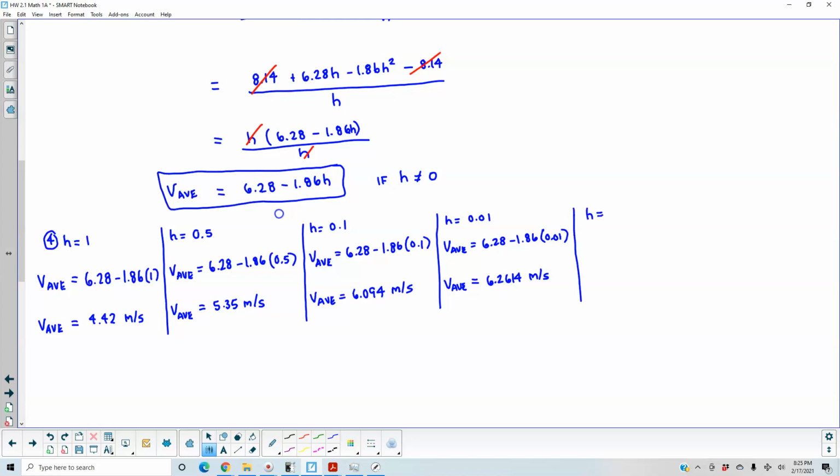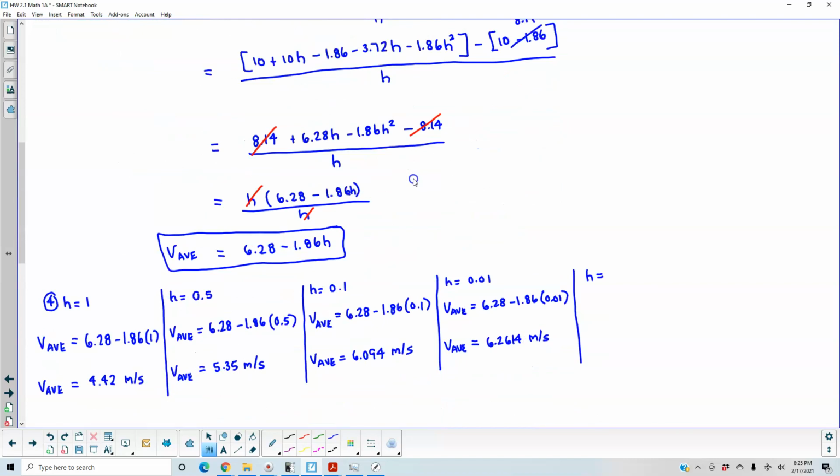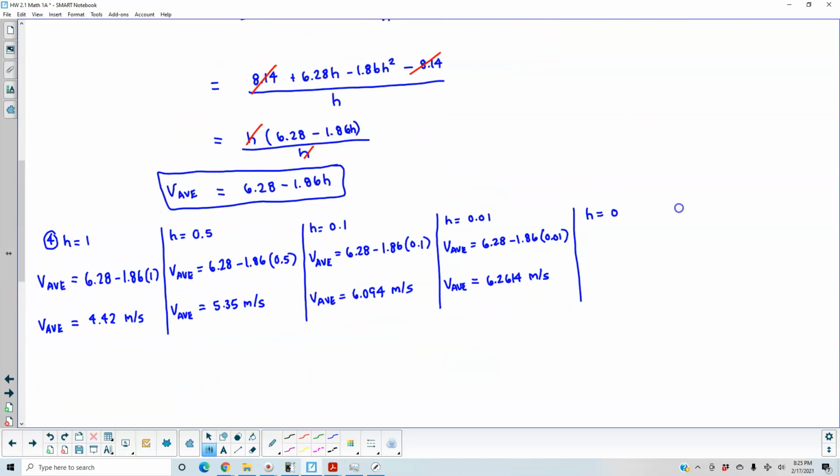And then the last one, when h is going to equal 0.001, so the average velocity is 6.28 minus 1.86 times 0.001, and the average velocity is 6.27814 meters per second.